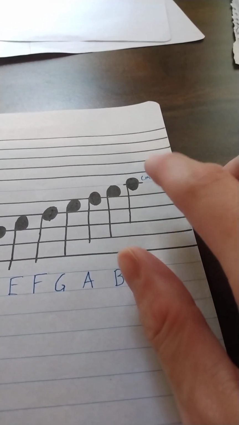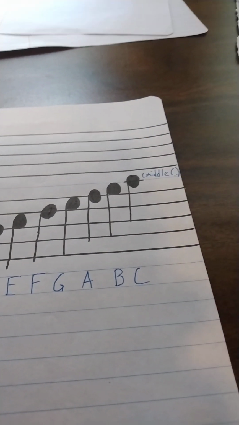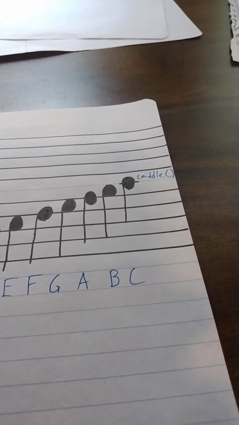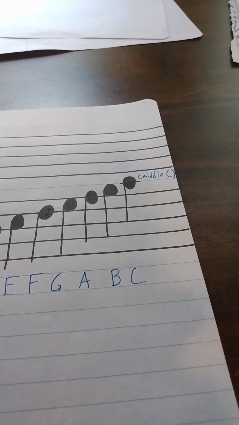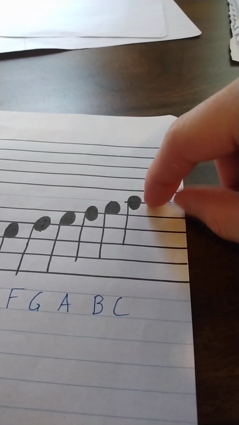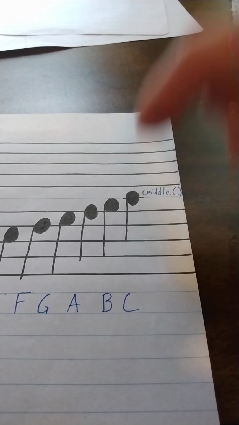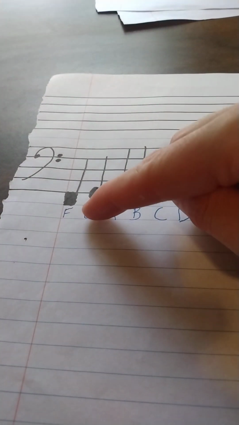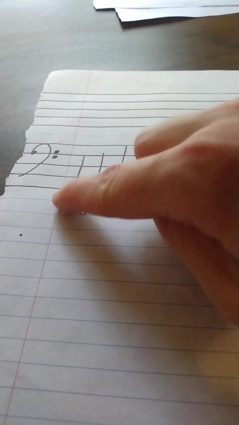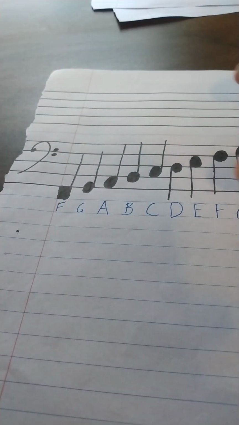Now, if you're asking yourself, didn't I just see middle C in the treble clef? Yes, you did, and I'm going to get to that in a minute. This is the same note that you just saw. That was lower than this note in treble clef.